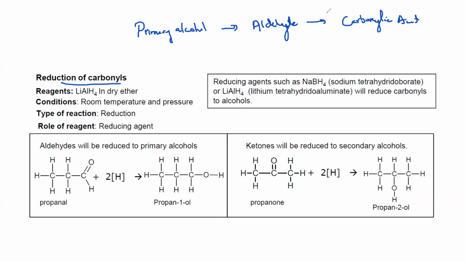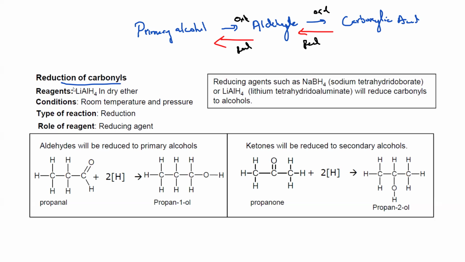So the opposite can be done. The opposite is a reduction reaction. Carboxylic acid can be reduced to aldehyde and aldehyde to primary alcohol. Because the forward reaction, when we are converting them, we call oxidation, the reverse reaction will be the reduction reaction. So these substances can be reduced.